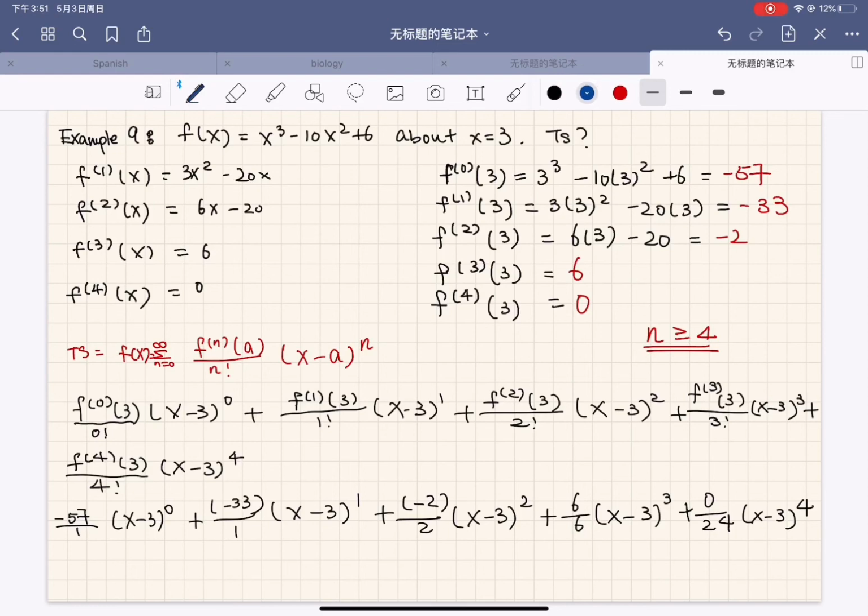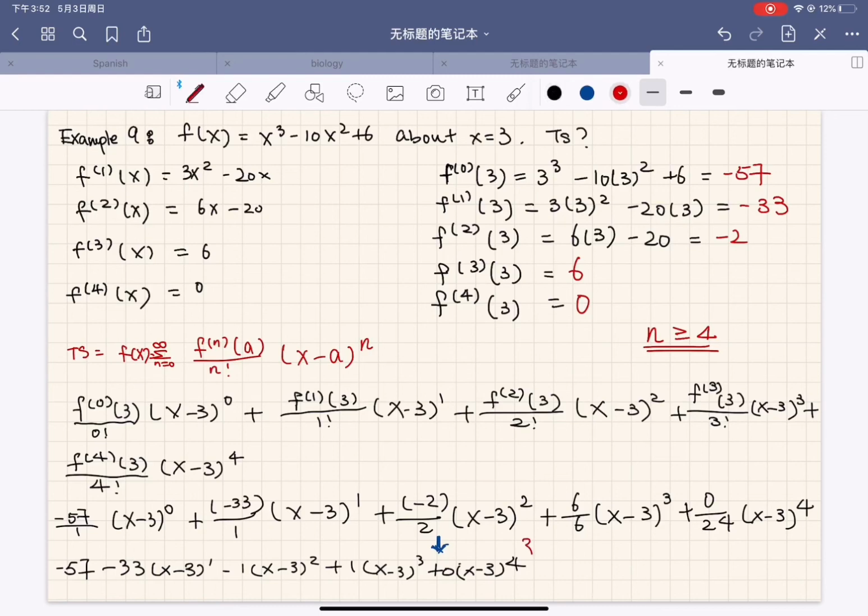So now we can further simplify our answer. Next we can eliminate and simplify. Start with negative 57 minus 33 times (x minus 3) to the power of 1, then minus 1 times (x minus 3) squared plus 1 times (x minus 3) cubed plus 0 times (x minus 3) to the power of 4.